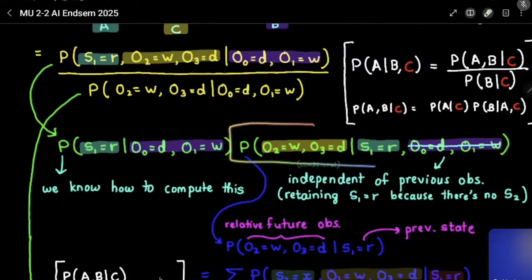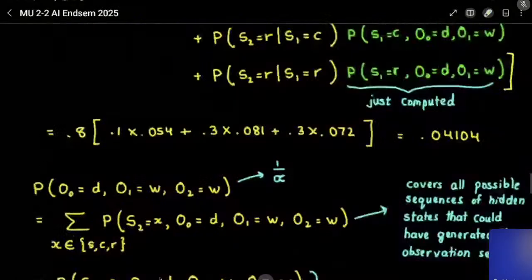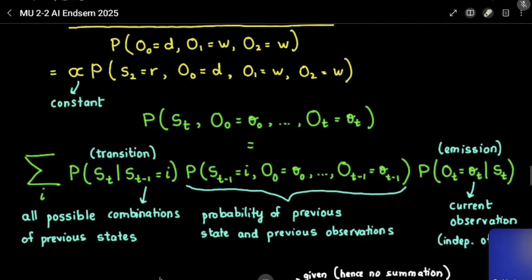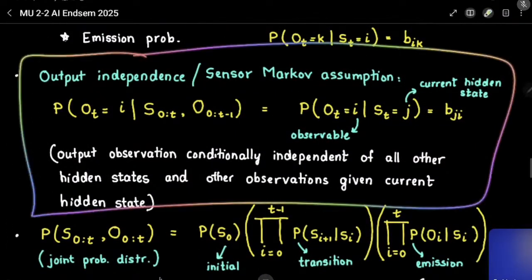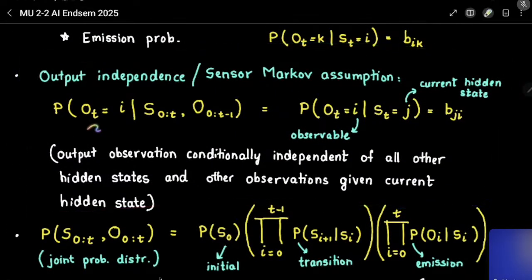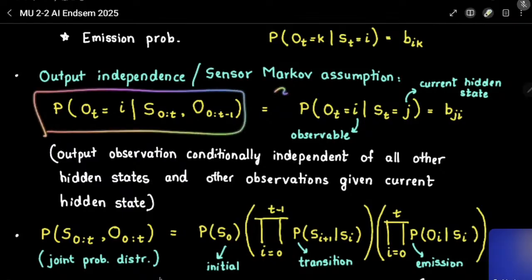Now if you look at this one, I scratched the purple part because if you remember, due to the assumption of output independence, if you have something like this, it will get reduced to this. So what is something like this?